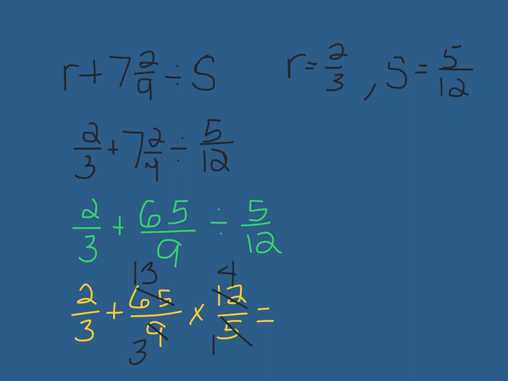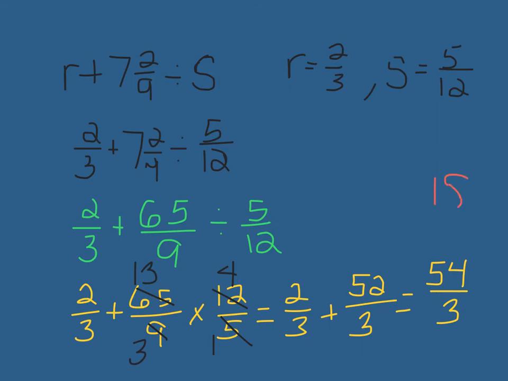So now I multiply. Let me bring my 2/3 back over here. 2/3 plus 13 times 4 equals 52. And then 3 times 1 equals 3. So 2/3 plus 52/3 equals 54/3. And 3 goes into 54 18 even times, so the answer is 18.